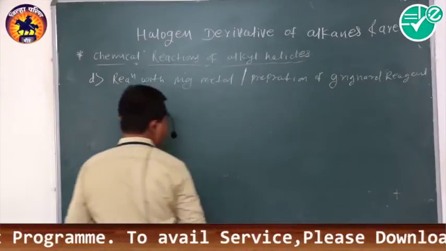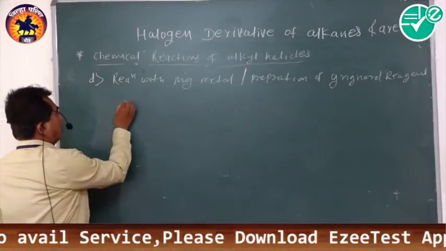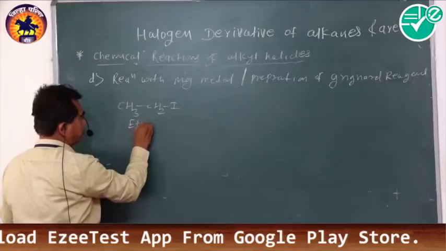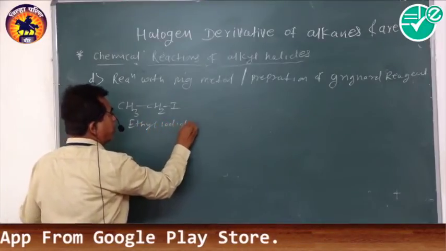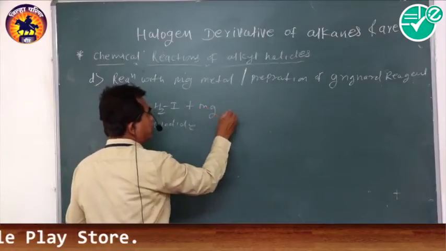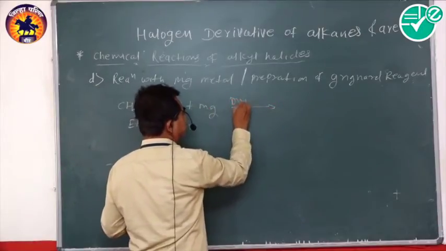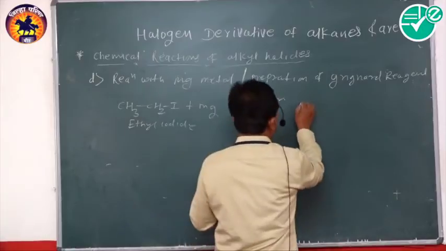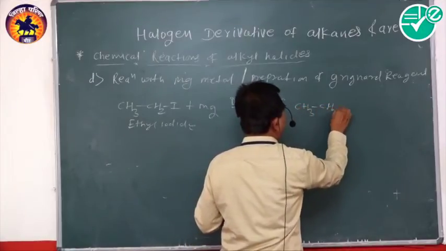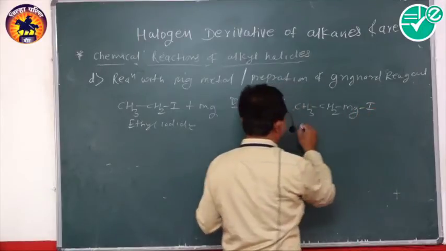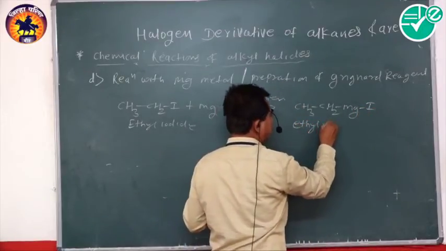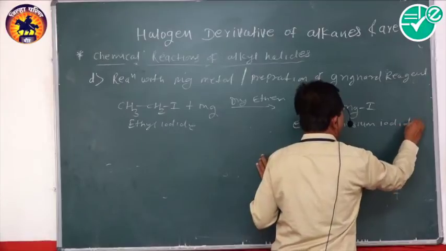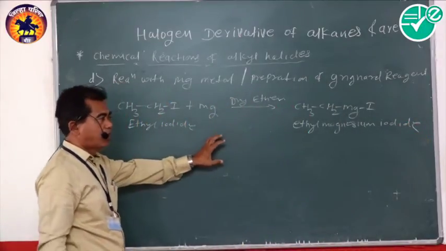In this case, if we take an alkyl halide, ethyl iodide, and react it with magnesium metal in the presence of dry ether as a solvent, we get an addition compound called ethyl magnesium iodide. It is also called a Grignard reagent.